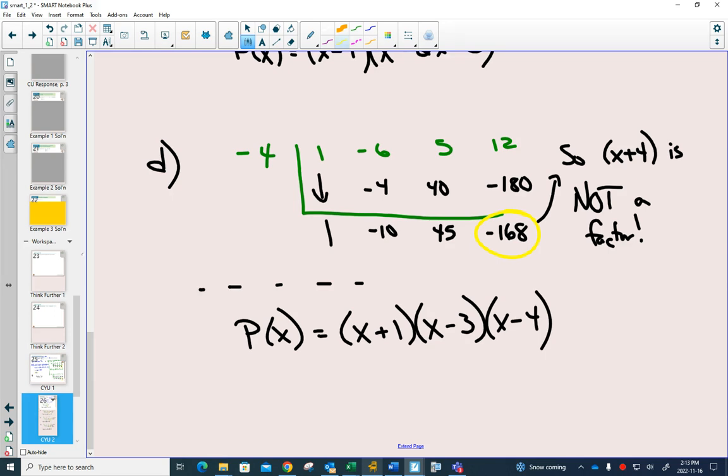And the reason, something really neat about this, is all of the first ones multiplied together will work out to be x cubed. And all of your last ones multiplied together will give you your last number, plus 12.